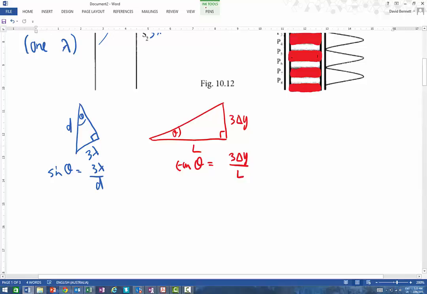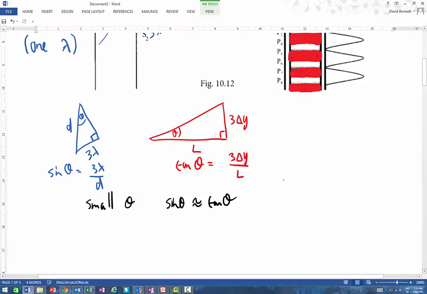Now, if we think about a small theta, a really small angle, we know that sine theta is approximately equal to tan theta.